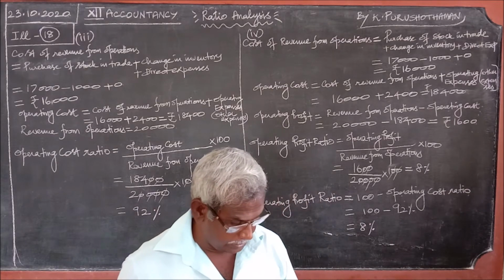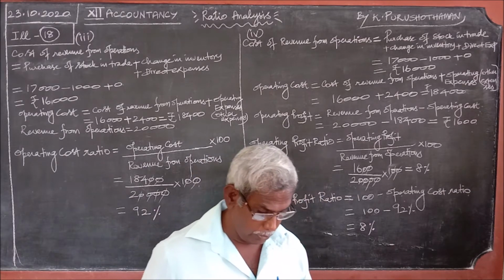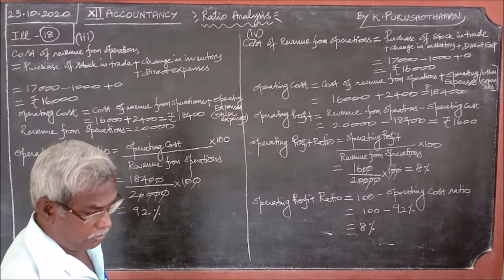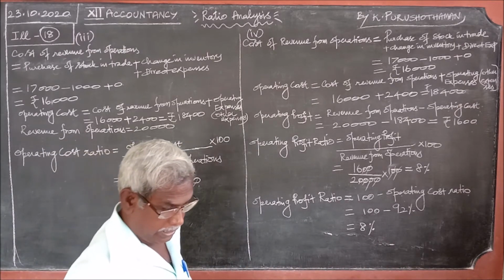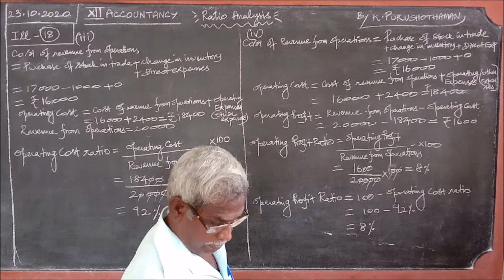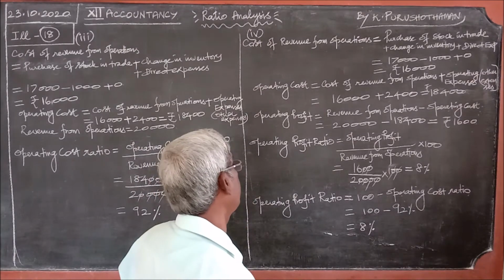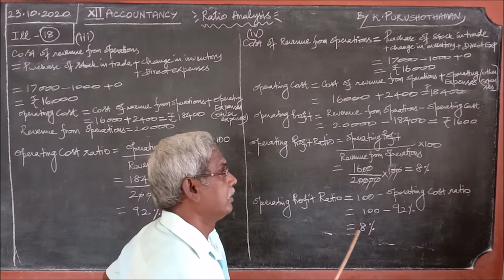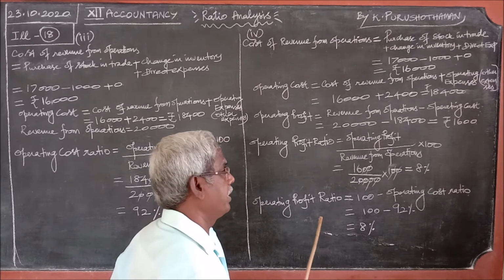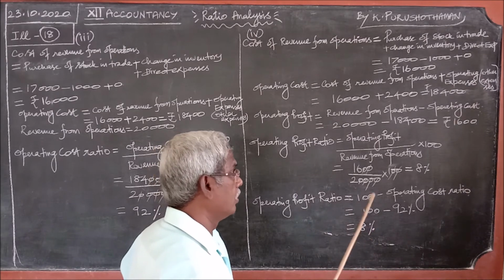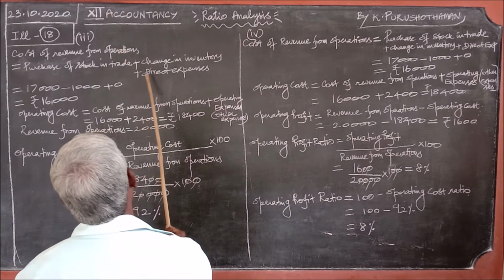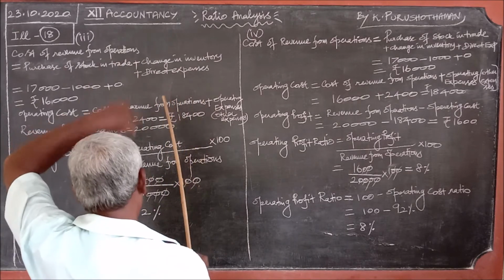And to find the gross profit, what do we have to do? We should take revenue from operations and minus the cost of revenue from operations. So this cost of revenue from operations we have found out in gross profit itself.